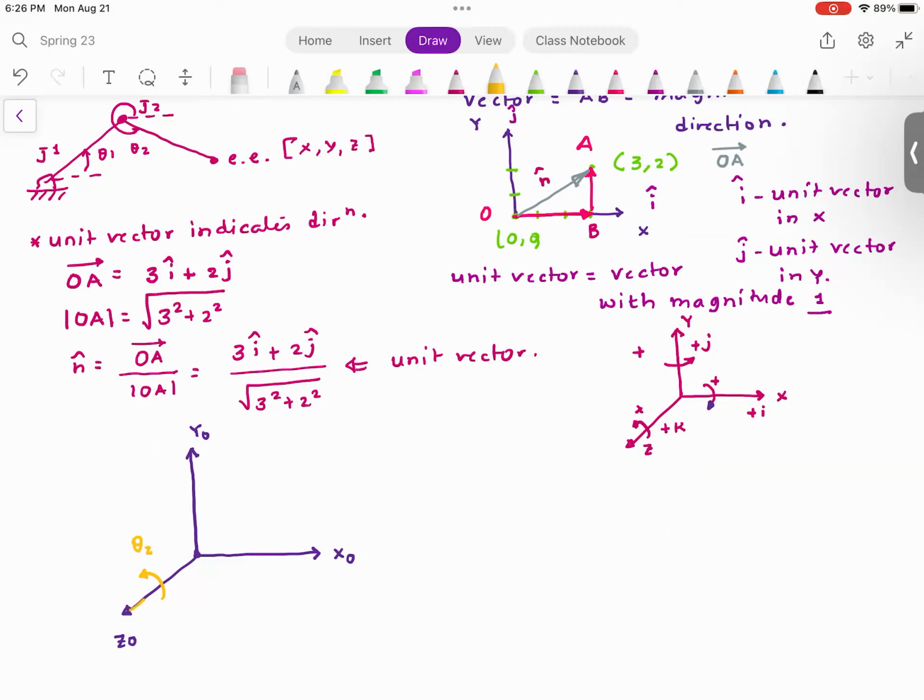So the new axis is going to be z1 because the rotation is about z. So z naught and z1 would remain as is.